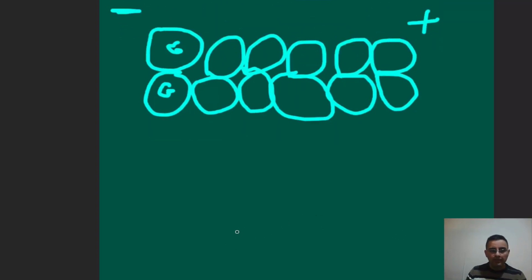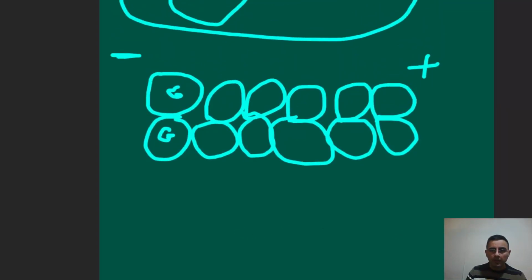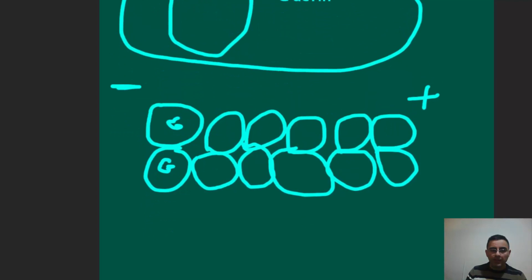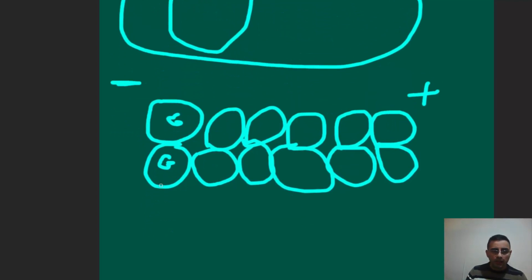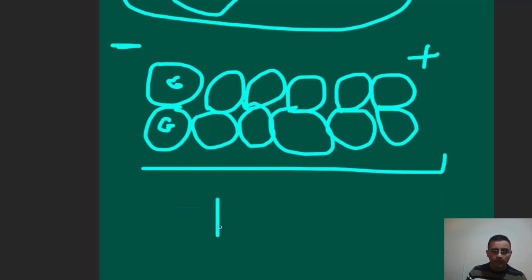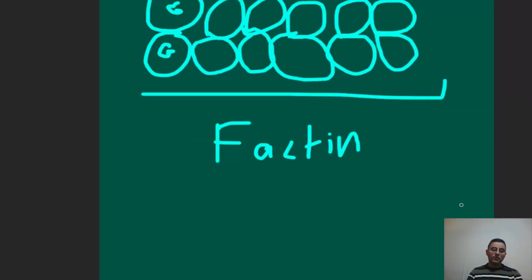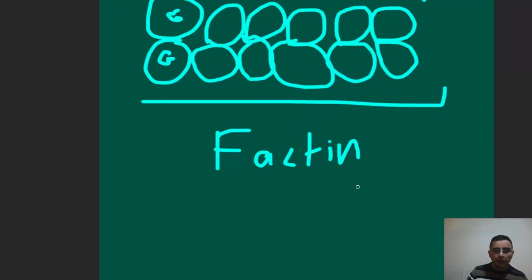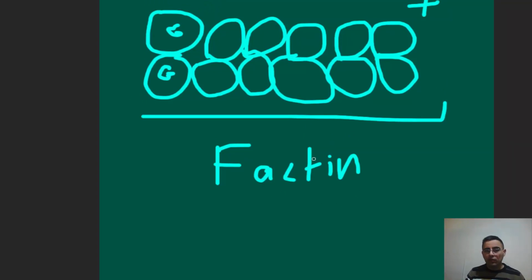It's very important because F-actin is the main factor of cellular movement, contraction, and movement of organelles.